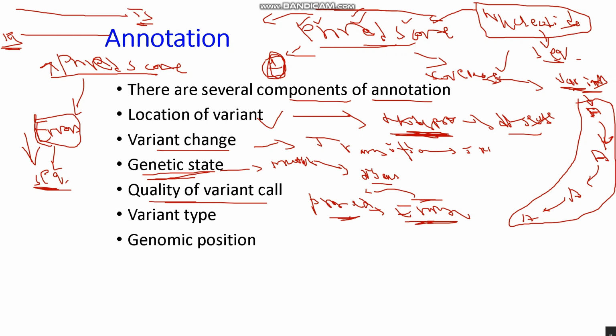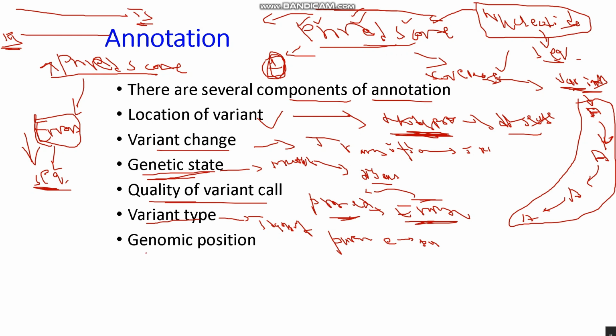Now, the variant change and the variant type. We can talk about the transition, which means a purine is converted into a purine, and in the transversion a purine is converted into a pyrimidine and a pyrimidine into a purine.